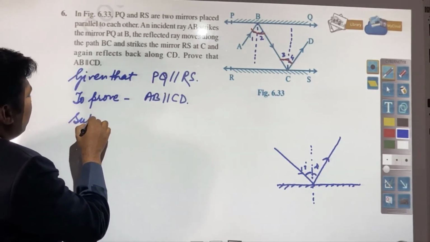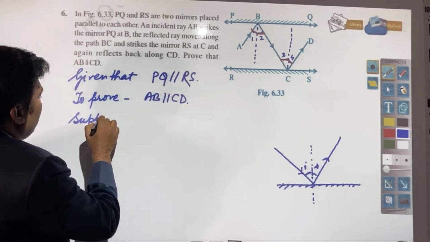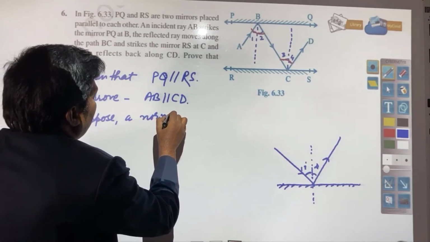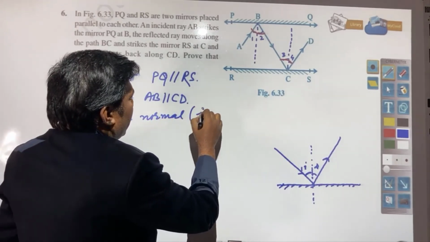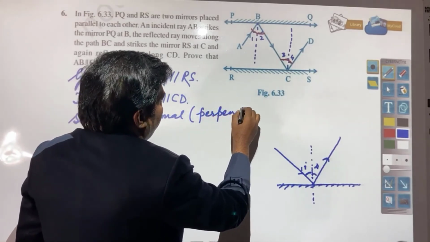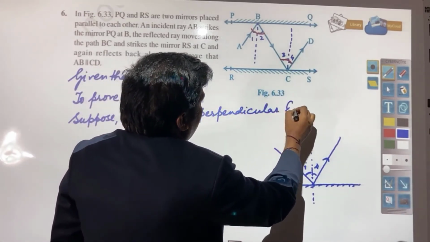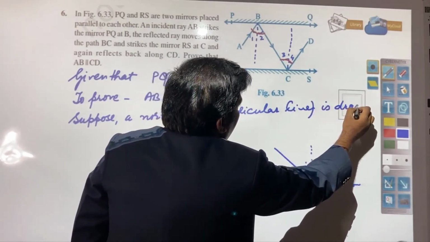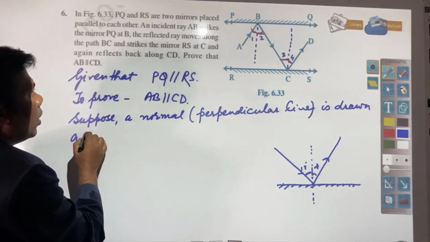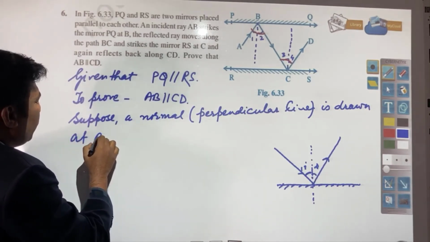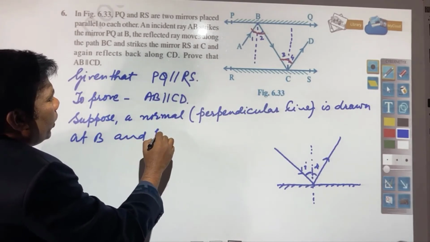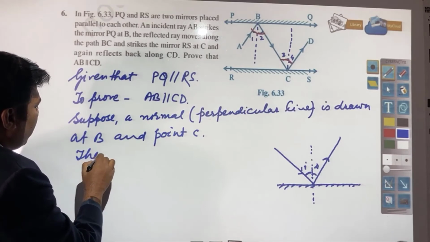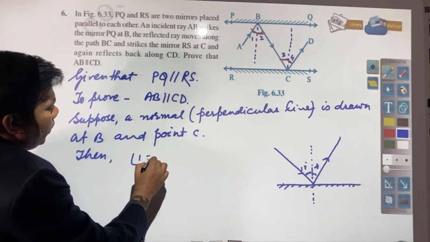Suppose normal or perpendicular lines are drawn at points B and C. Then angle 1 is equal to angle 2.